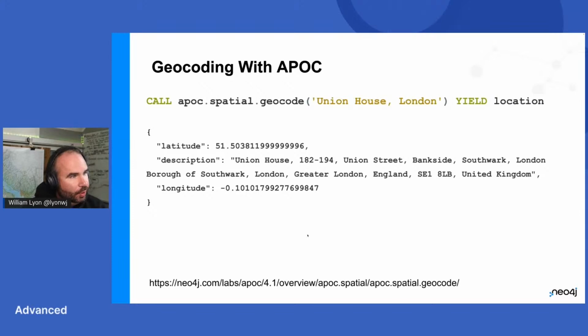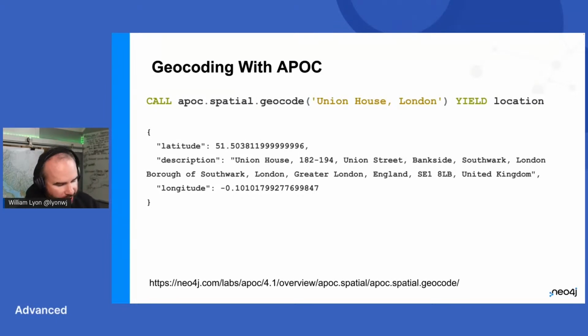And so what we can do is geocode those location descriptions and turn that into latitude and longitude, so we can create points so we actually know where these geo-regions are physically. That's the process of geocoding. Geocoding is available in APOC.